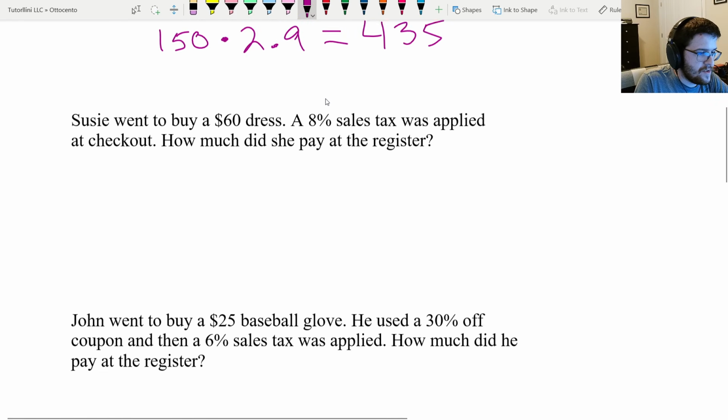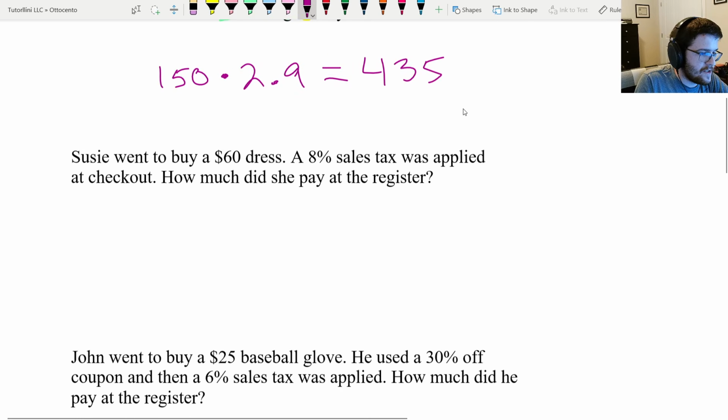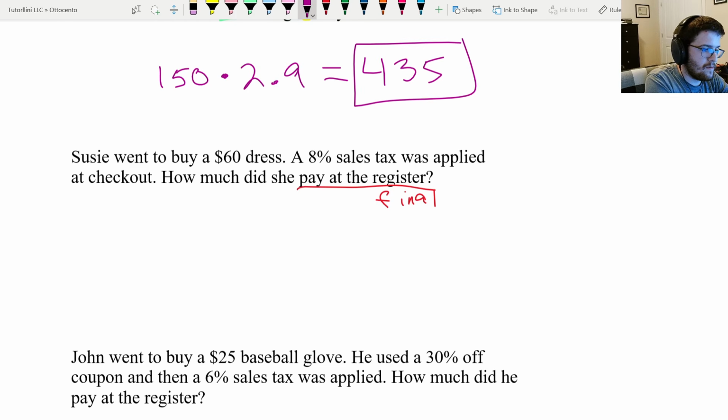Okay, Susie went to buy a $60 dress. An 8% sales tax was applied at checkout. How much did she pay at the register? Okay, so the amount she paid at the register, that's the final. So we're going to do original times the percent multipliers equals final.